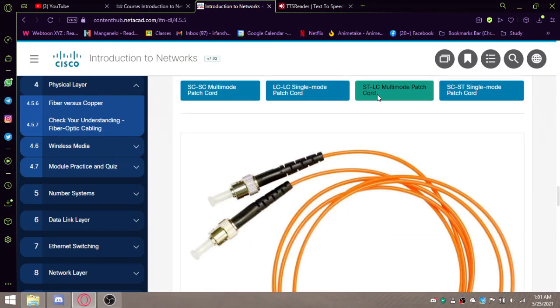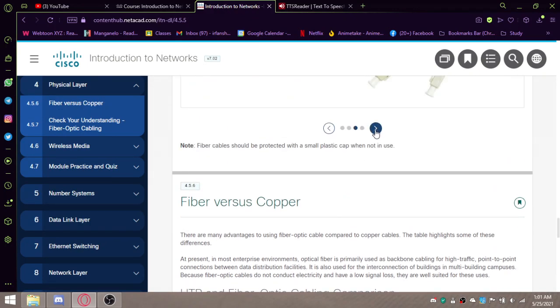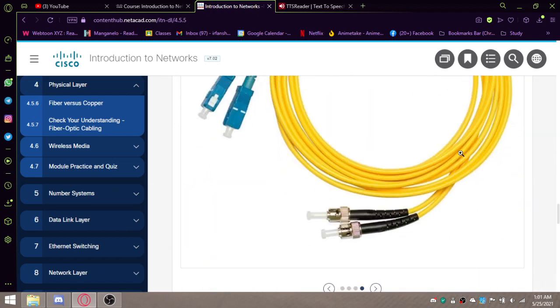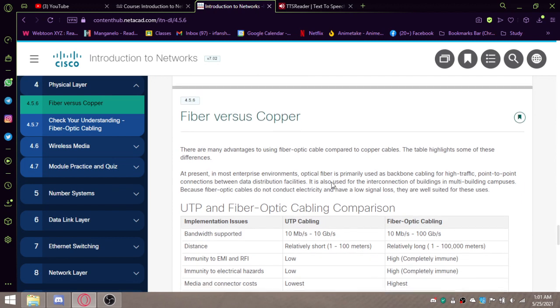Ni bersama juga straight tip to lucent cord, subscriber cord to straight tip. Ni gambar dia. Macam aku tengok dari depan lah, aku nampak aku shock tengok.